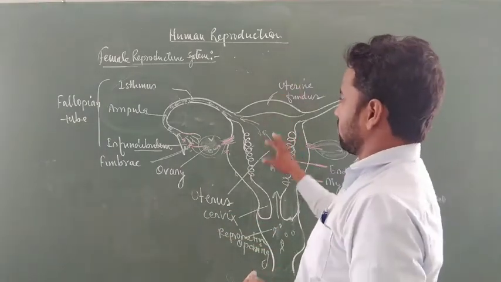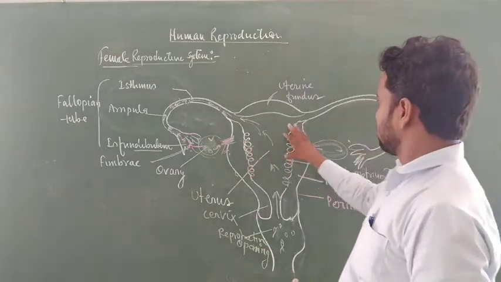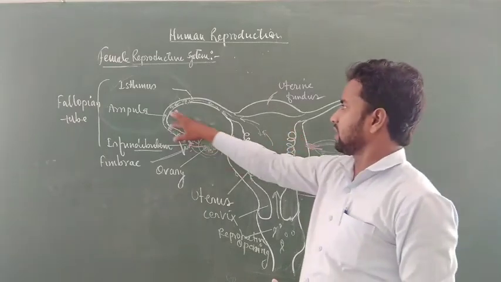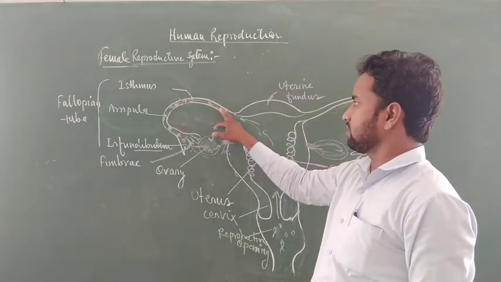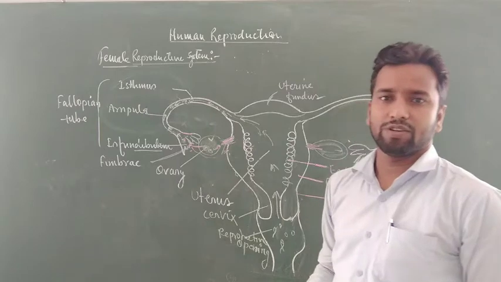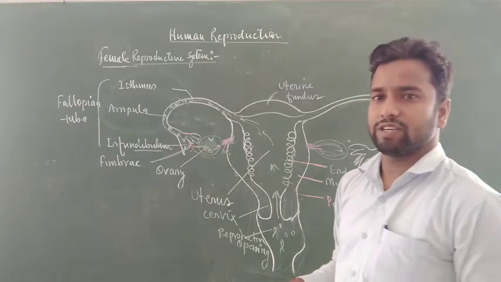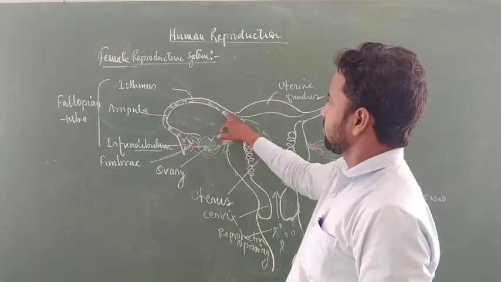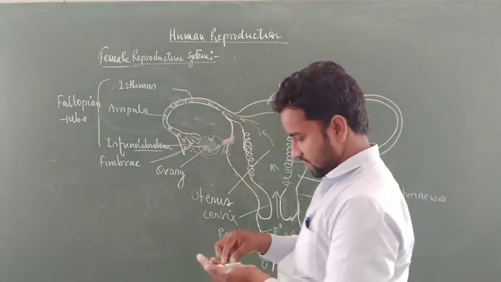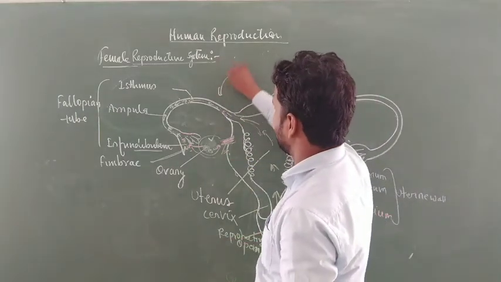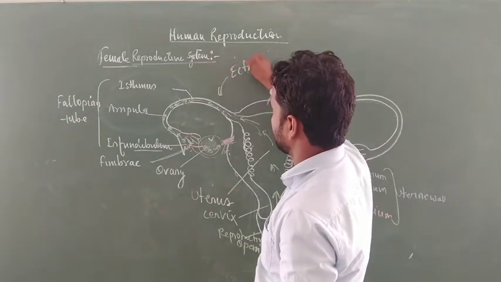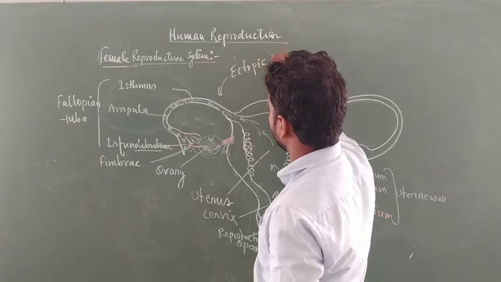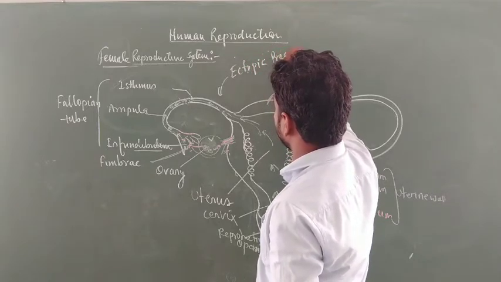In the second case, sometimes the fertilized zygote develops into a blastocyst and implants into the fallopian tube. After implantation in the fallopian tube, this type of pregnancy is called an ectopic pregnancy.